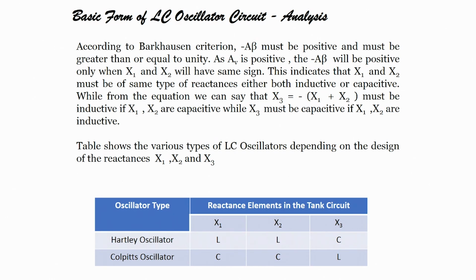So, in this particular case, according to the Barkhausen criterion, minus A beta must be positive and must be greater than or equal to unity, right. As AV is positive, minus A beta will also be positive, right. Only x1 and x2 will have the same sign, while x3 will have a different sign, right.